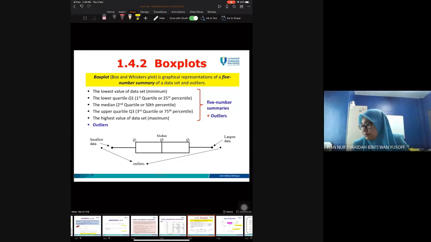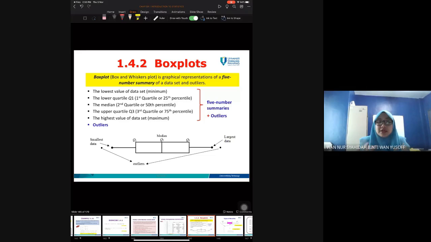Some students get confused with the lower limit and upper limit for the outlier. In order to identify whether we have an outlier or not, it is based on the lower limit and upper limit that we calculate. That one you should know if you already watched the video. So we calculate the lower limit and upper limit to check for the outlier.